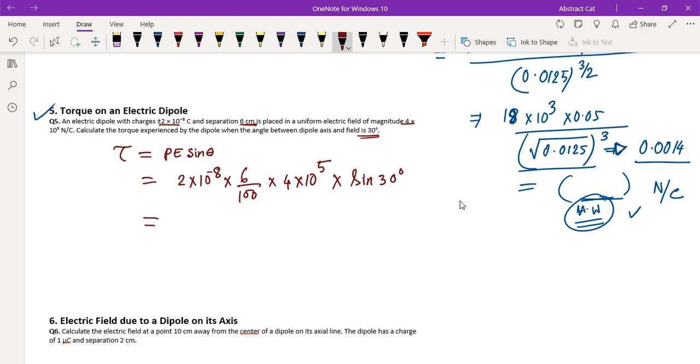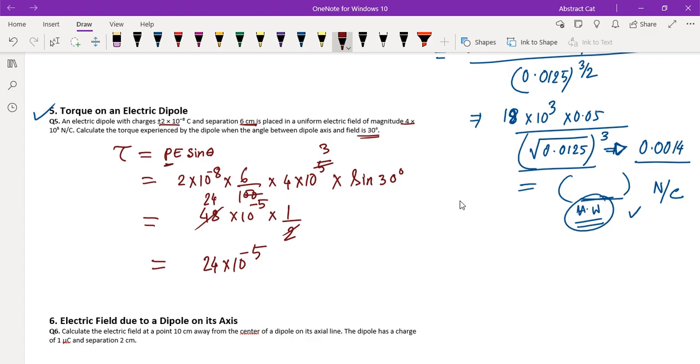Now to solve this: 6 times 4 is 24, 10 to the power minus 8, and these two zeros cancel, that is 10 to the power 5, so 8 minus 5, into sine 30, that is half, this cancels, that is 24 into 10 to the power minus 5, unit is torque.